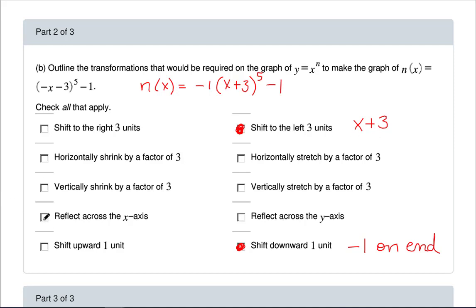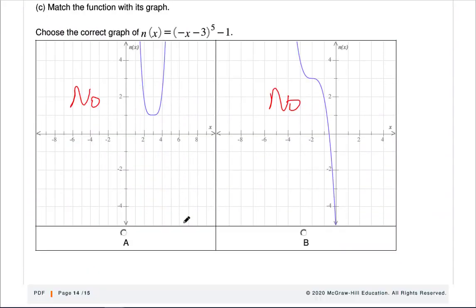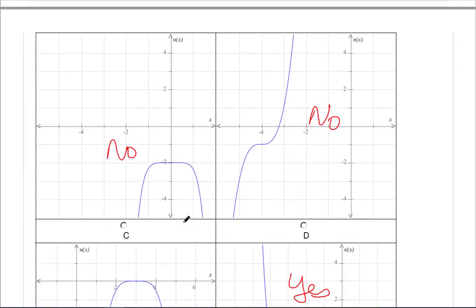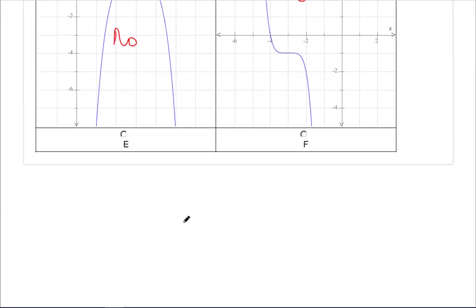And it did get reflected about the x-axis because of the minus 1 on the front. Match the graph. We already did that. And so that concludes our look at polynomial functions. Very nice functions, large class that includes lots of different things.